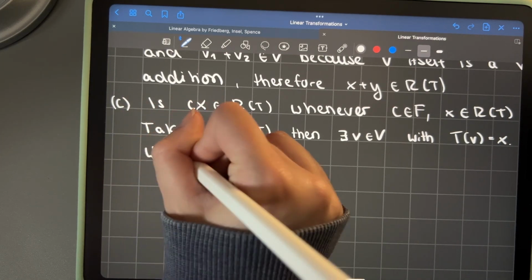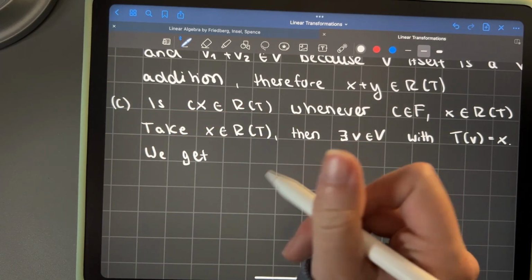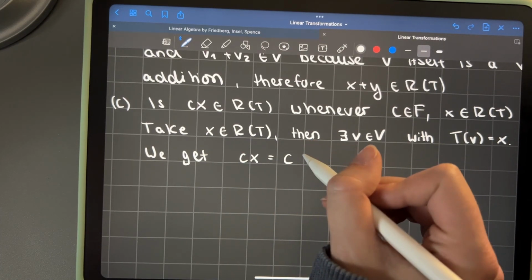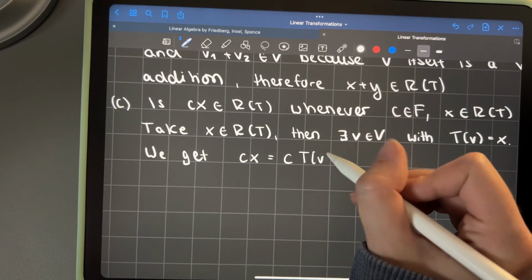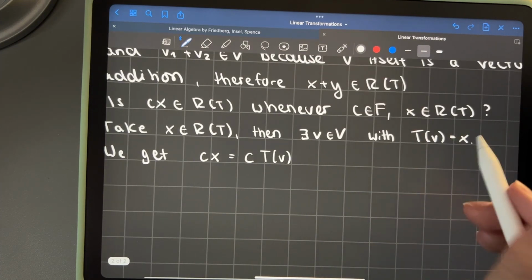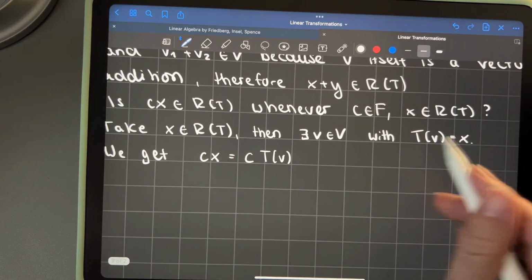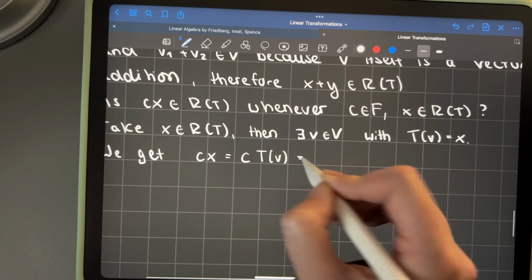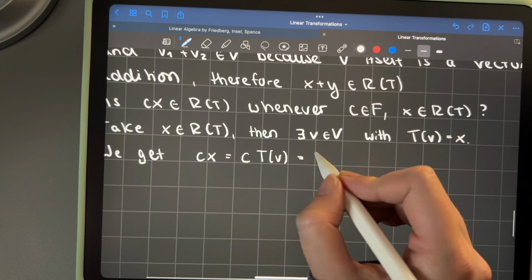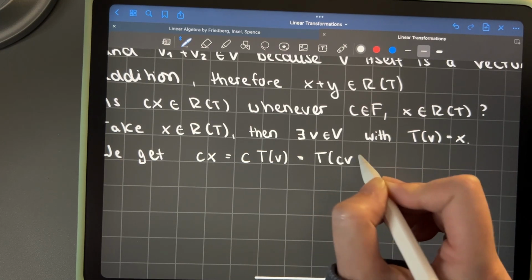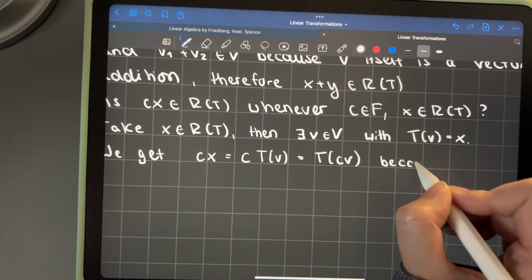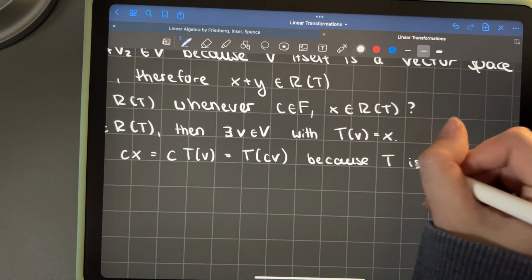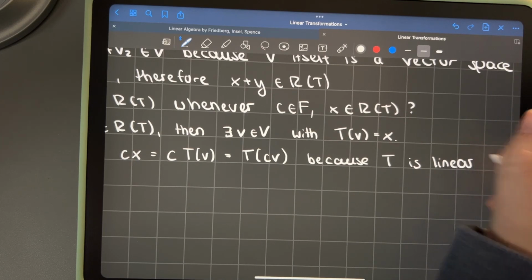Now we get cx equals c times T of v, just by replacing x with T of v in this equation, and that is the same as T of cv, because again T is linear.